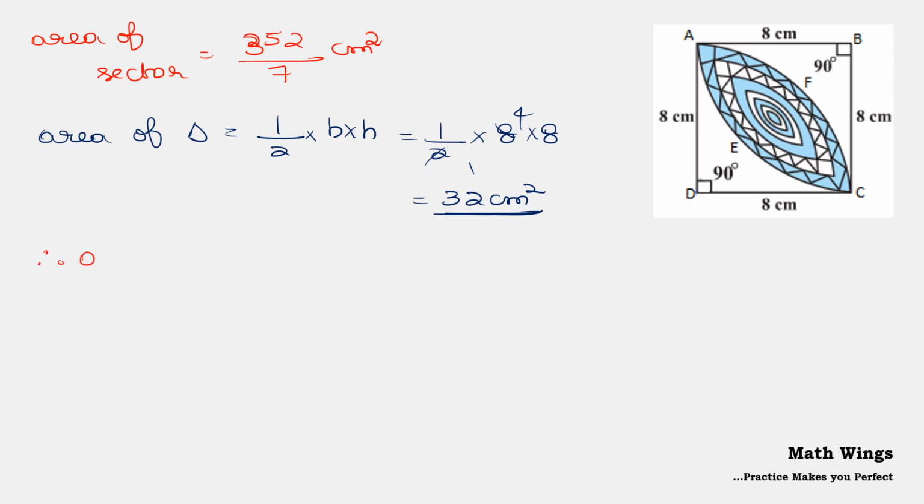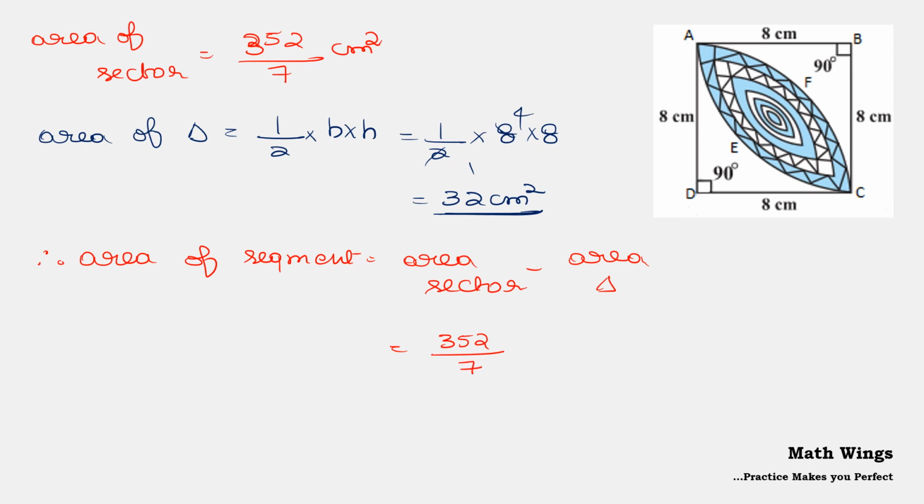Therefore, what is the area of the segment? The area of the segment is equal to the area of the sector minus the area of the triangle. The area of the sector is 352 divided by 7 minus 32, or I can write it as 352 minus 224 divided by 7.